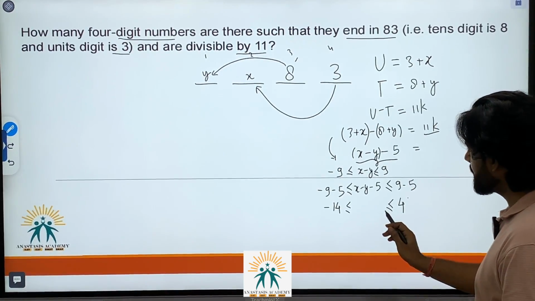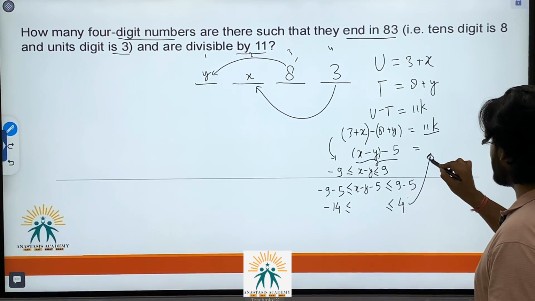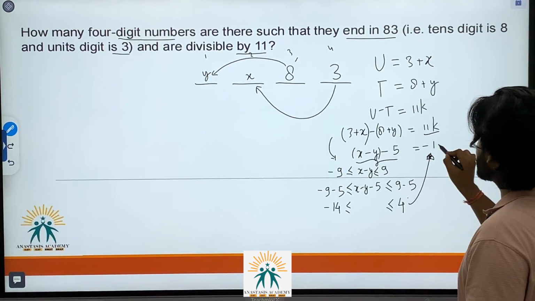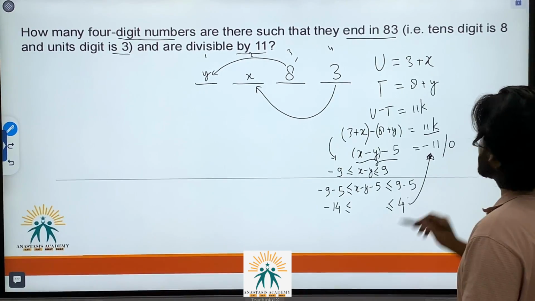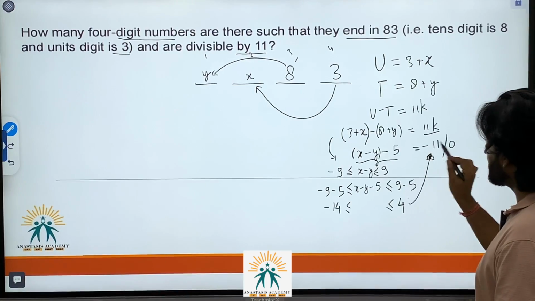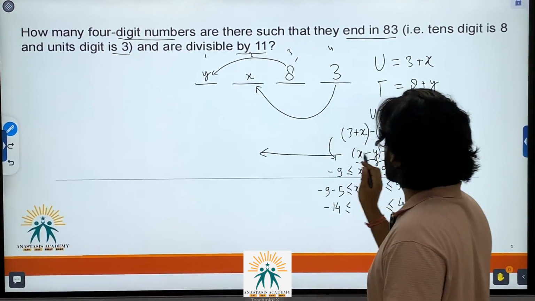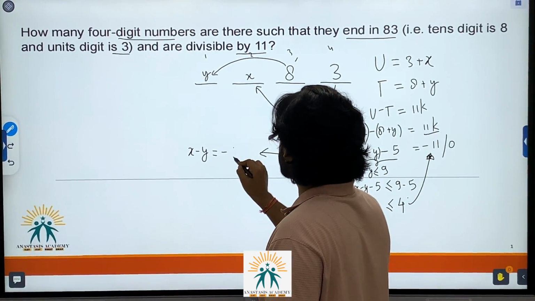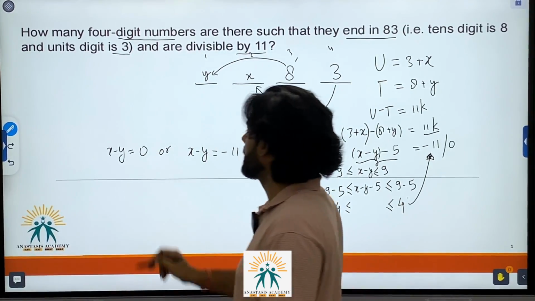So there are two values divisible by 11. I can say that this expression can be minus 11, because minus 11 is a multiple of 11, or it can be 0, right? So if this expression is minus 11 or 0, from this statement I get two values of this difference: x minus y can be minus 6 or x minus y can be 5, right?